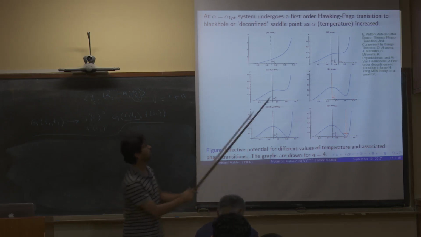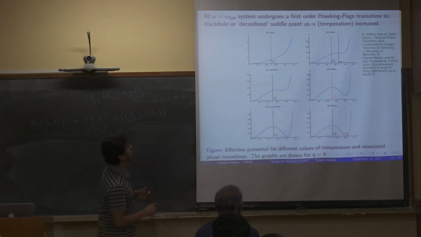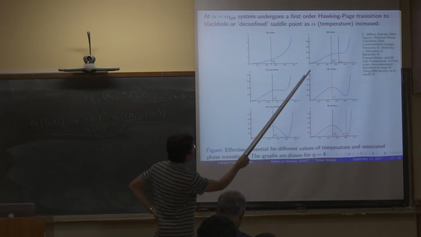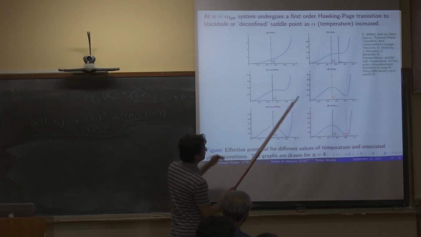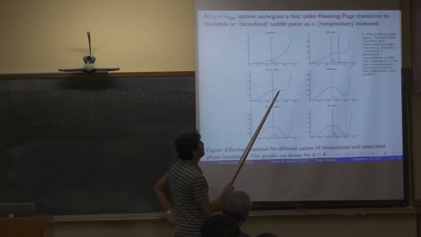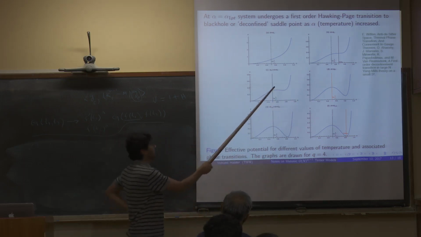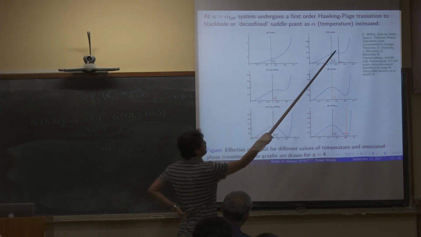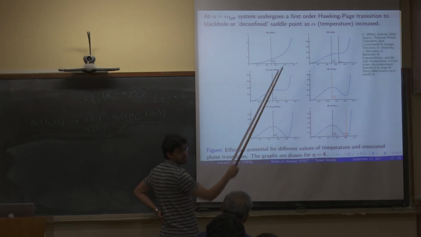So when this inflection develops, it is in the gapped phase. And then you keep increasing this value of alpha, and the minimum that gets developed keeps going to higher values of u, and the maximum keeps going to lower values of u. So the minimum goes like this, and the maximum goes like this.